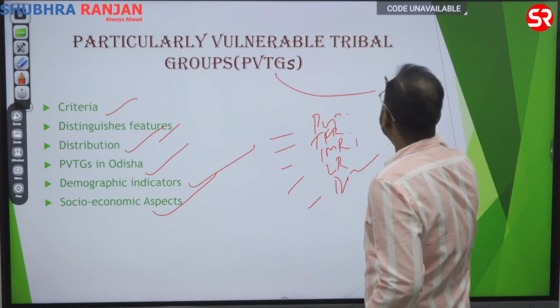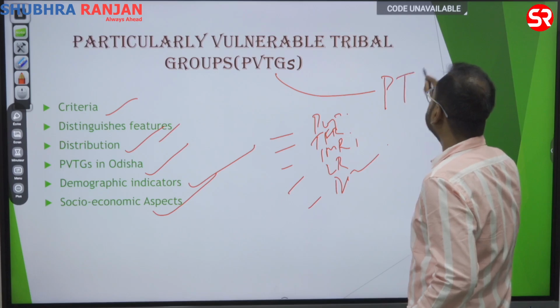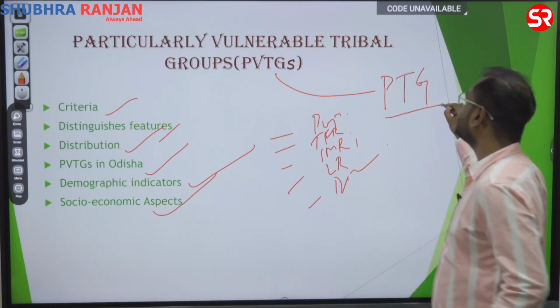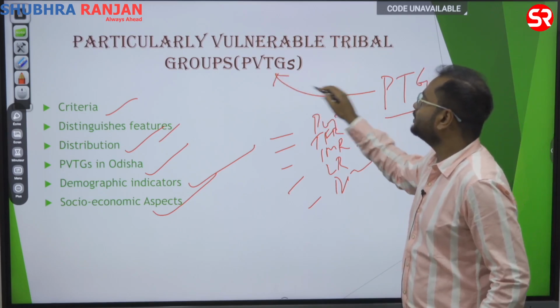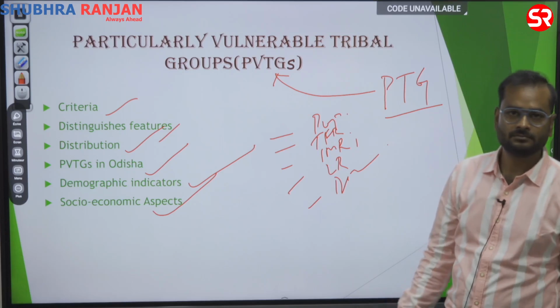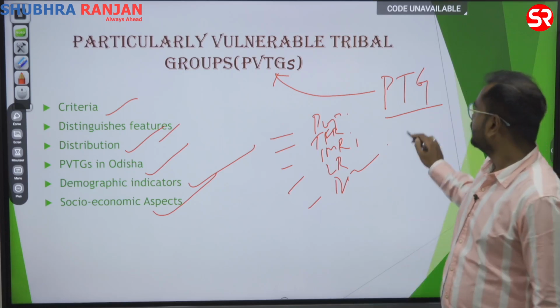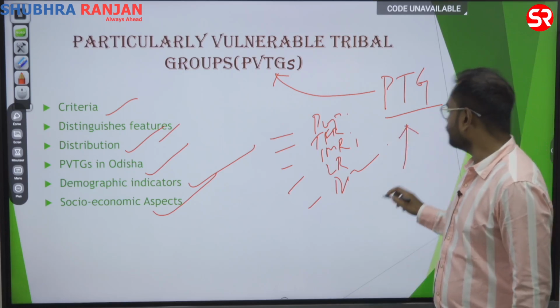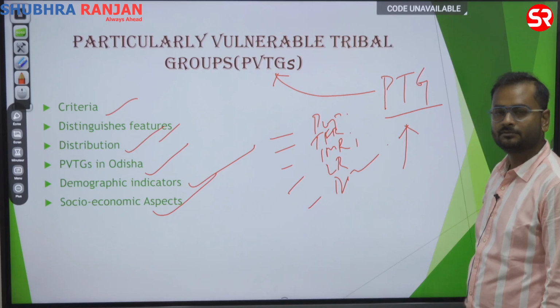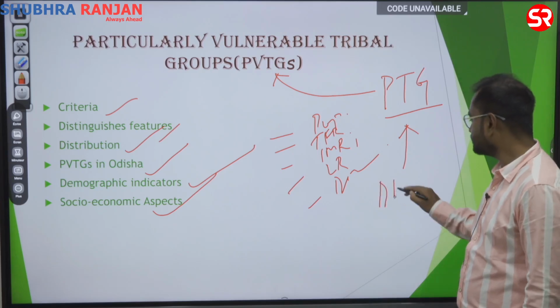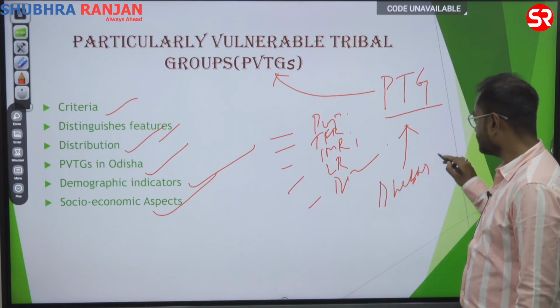How have they been derived from PTGs? This was called primitive tribal group, and the name eventually changed into PVTG. Who was the person who recommended creating this classification? It was the Dube Commission. Please remember, Dube Commission.